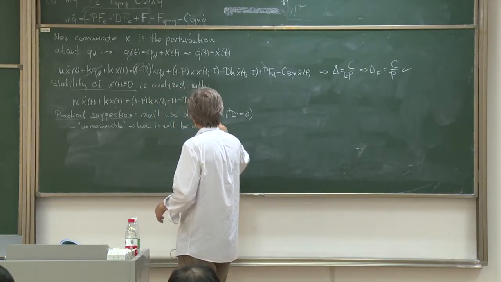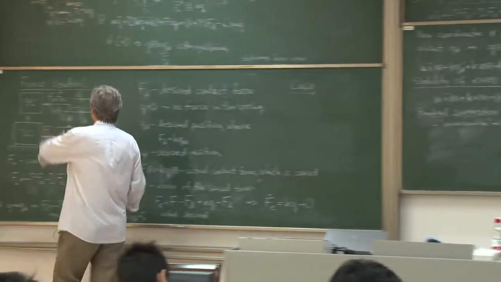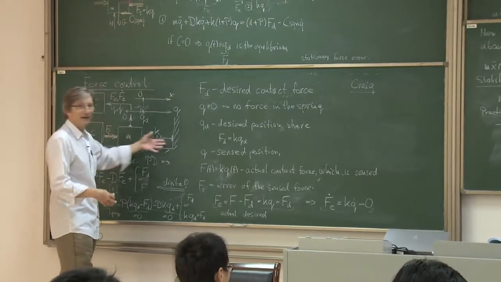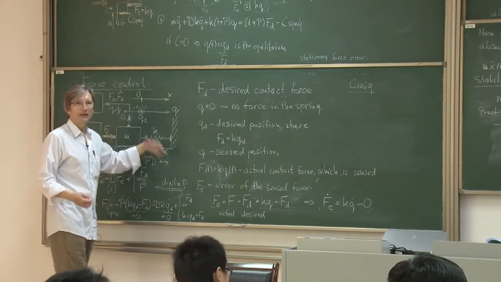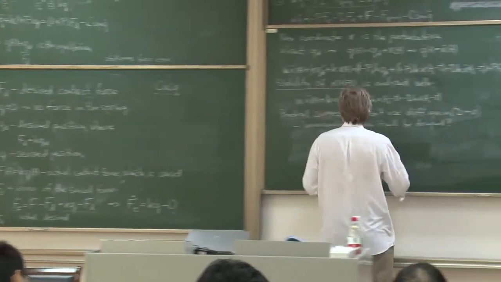Well, of course, you can always say that maybe the motor characteristics will give some damping, or in the spring there is an additional damping, or they put there some damping, so maybe some physical damping may help.